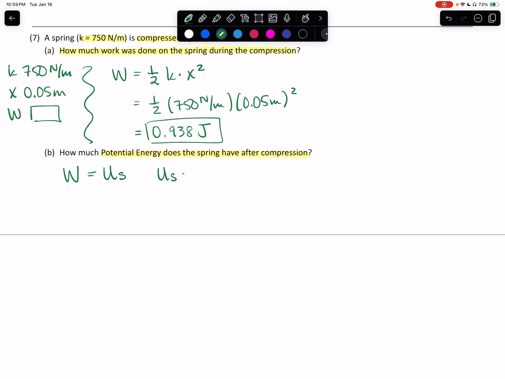So the spring's potential energy is also equal to 0.938 joules. Again, using our work energy theorem, the idea that doing work can convert energy from motion into potential energy or convert work into kinetic energy.